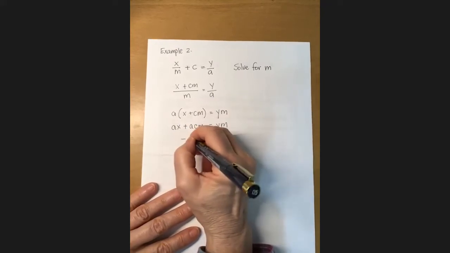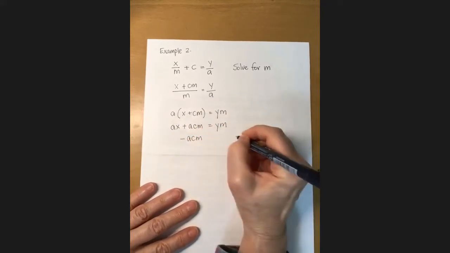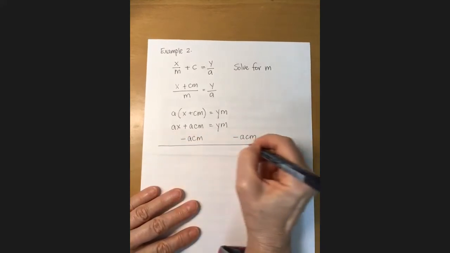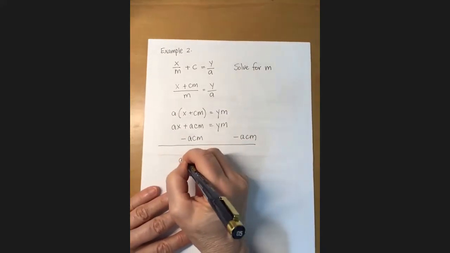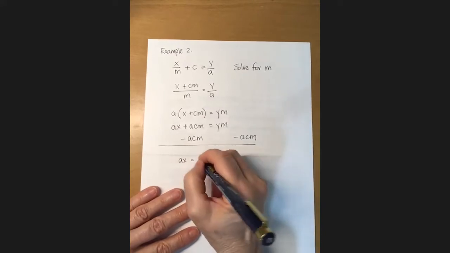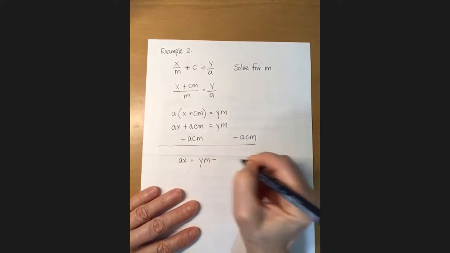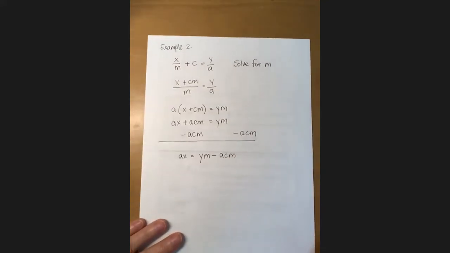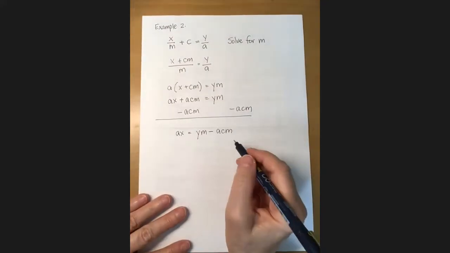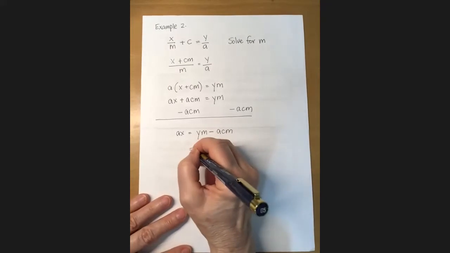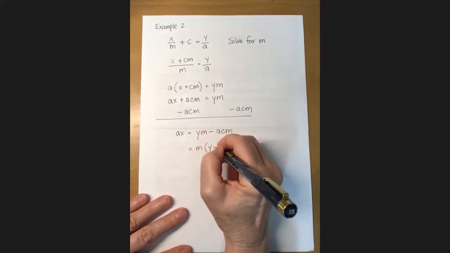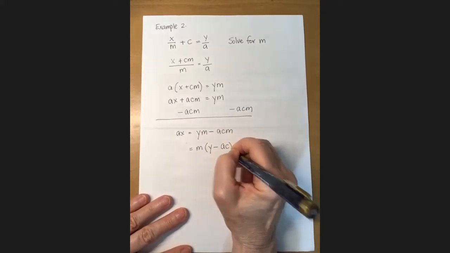And then I'm going to move acm to the other side of the equation and end up with ax equals ym minus acm. Now we can factor m out of the right side. That equals m times y minus ac.